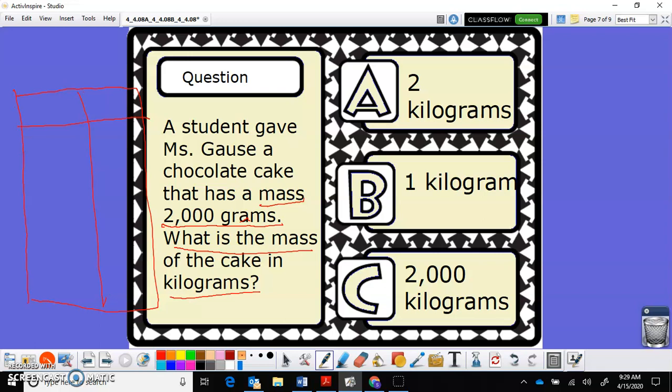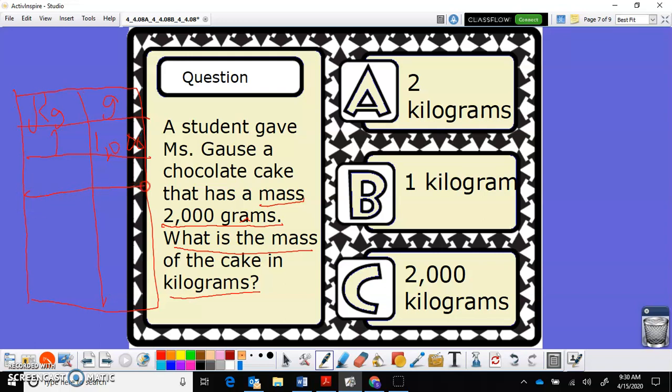So we want the bigger unit first, and that would be kilograms here and grams here. So I'm going to start off with what I know from my reference chart, and that's 1 kilogram is equal to 1,000 grams. Everybody agree? 1 times 1,000 is 1,000.